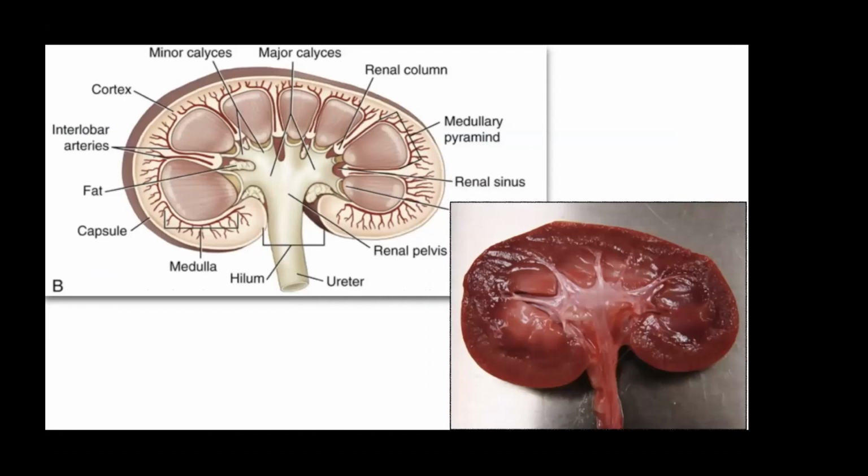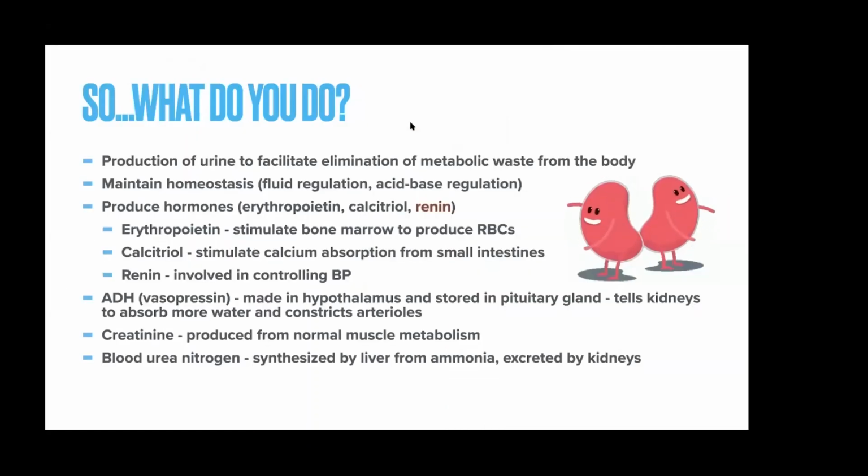And then that middle white portion is the renal pelvis that goes down and becomes a ureter. It comes out of that hilus, that middle portion there. It's a beautiful organ that does a million different things, and we're just going to talk about a couple of them.